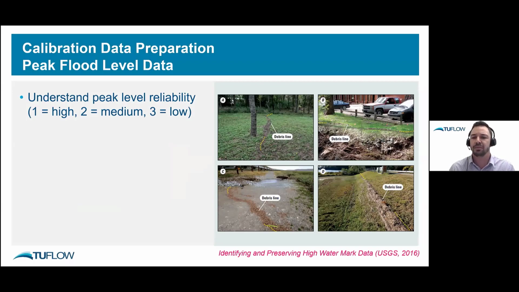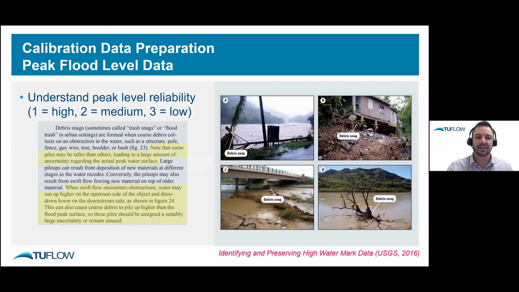There are some debris lines on the right there. They look pretty reliable, I'd say. It's pretty certain that that's where the flood level got to. That may well be the case in low velocity areas, but it definitely isn't the case in high velocity areas. There's a quote from the report itself: you need to watch out for situations where high velocity flow is pushing debris up onto structures or onto trees.